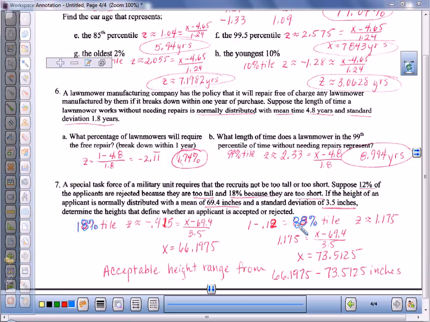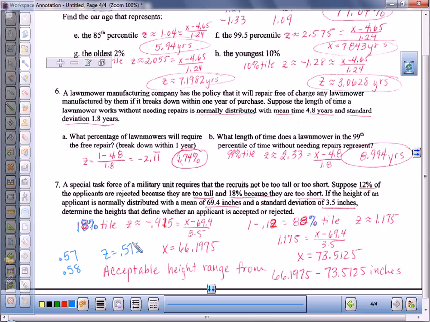If you're using the chart, you want to use whichever one is closest. Because I didn't know whether to use the one below or above. And sometimes it looks like it's exactly halfway in between. In that case, if it was halfway in between 0.57 and 0.58, I would say it's a z-score of 0.575, if it looked like it was right in the middle.